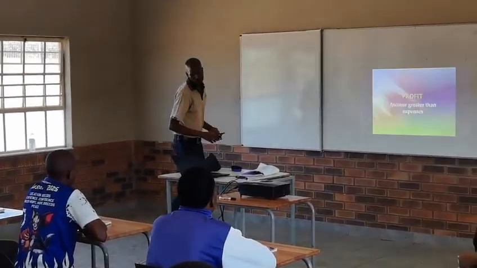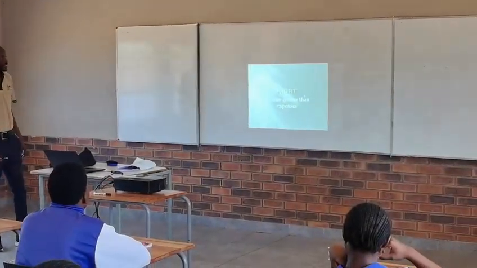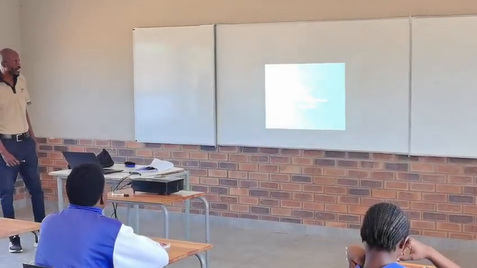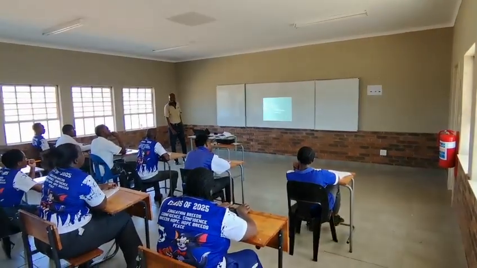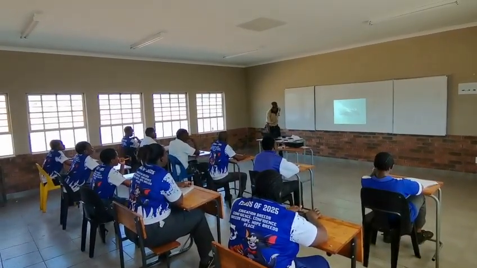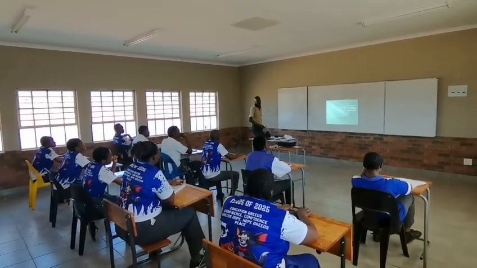Let's go back. We said a profit is an income greater than the expenses. The plate there was how much? 17 rand. She sells it for 17 rand.